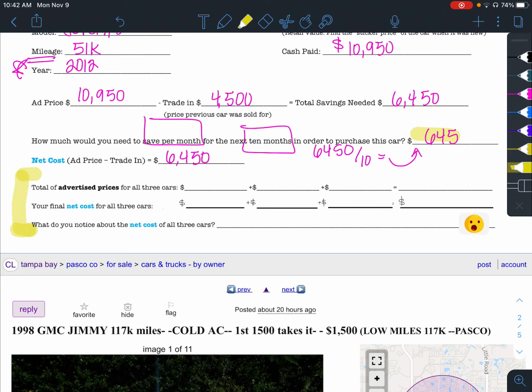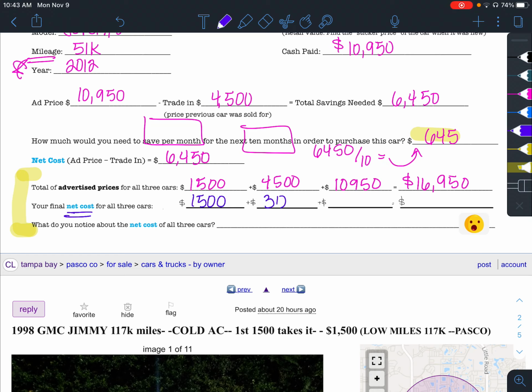The total advertised price for all three cars, that's the list price for all three. So my first was $1,500, my second was $4,500, and my third was $10,950. If I add those together, it's $16,950 worth of used cars. If I look at just the net cost, so what I paid in addition to the trade-in used previously, the first car I paid full price because I didn't have a trade-in at that point.